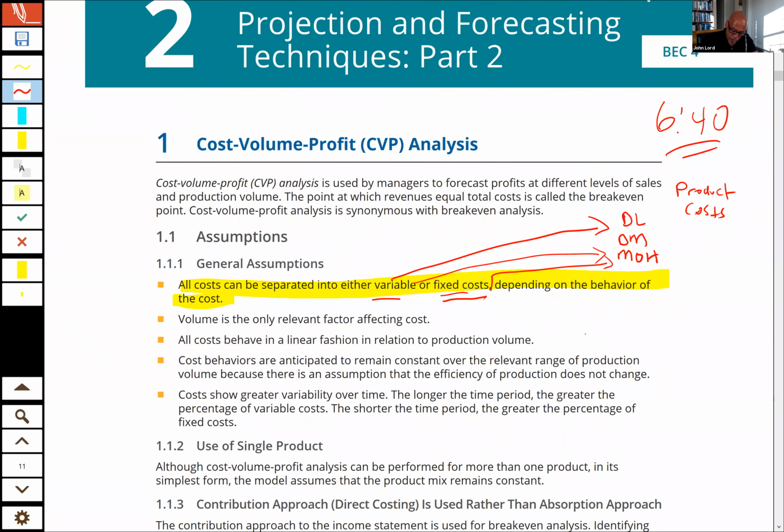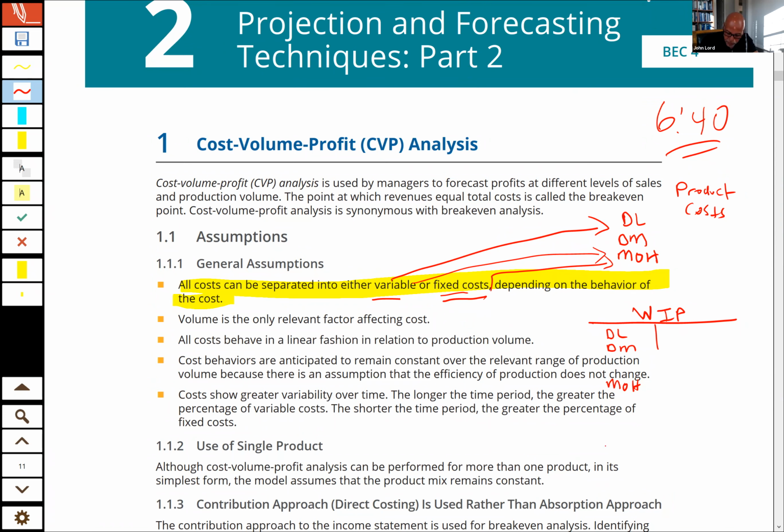Now, what happens when we are tracking costs? We're going to have our work in process. And what's going to go into work in process? Direct labor, direct material, and overhead. Direct labor, direct material, and the manufacturing overhead.